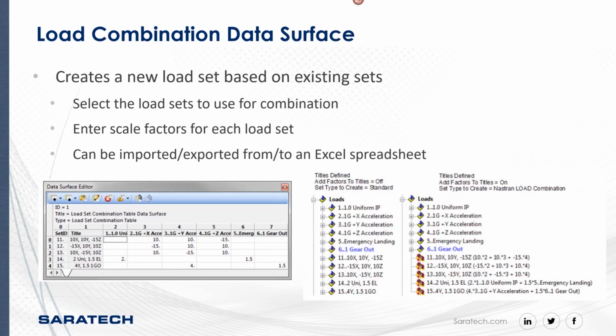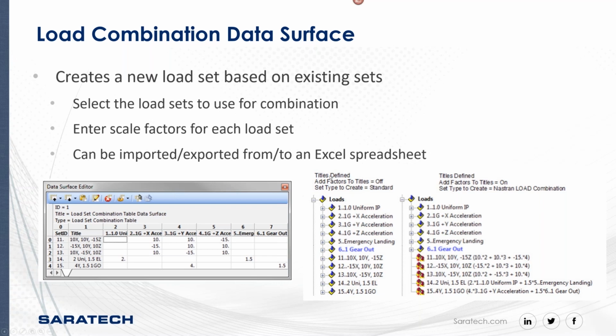The other one is the load set combination data surface. So you can create new load sets based on existing sets. What you could do is just copy. Say we started out with a G in X, Y, Z. You could copy this into another one and then multiply that value by 10 and add the other one and multiply by 10. It's just a lot of manual work.